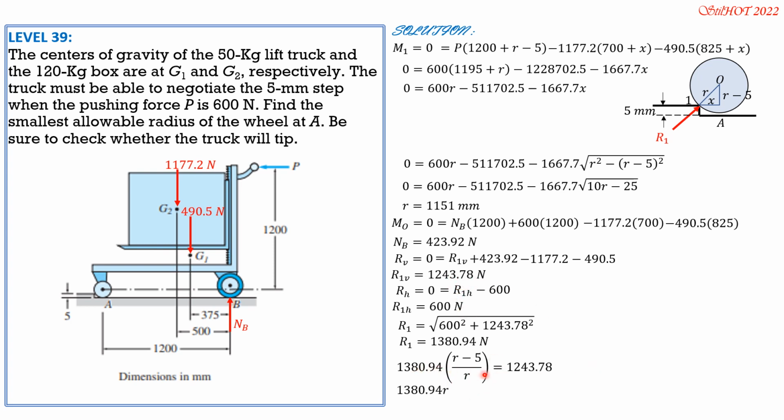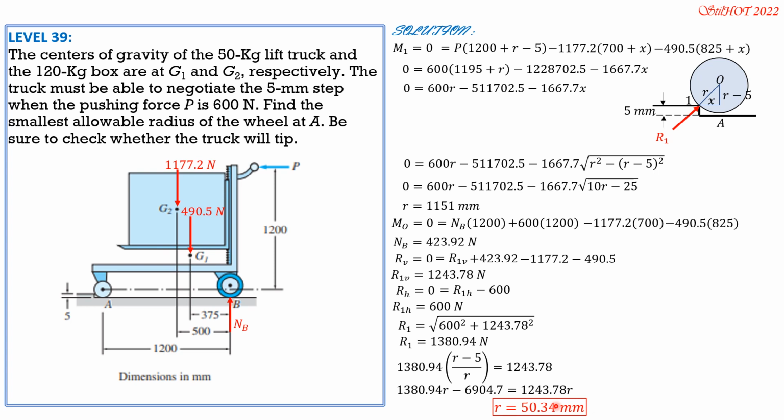So simplifying, 1380.94 R minus 6904.7 equals 1243.78 R. Finally, R is 6904.7 divided by the quantity 1380.94 minus 1243.78. So R is 50.34 mm.